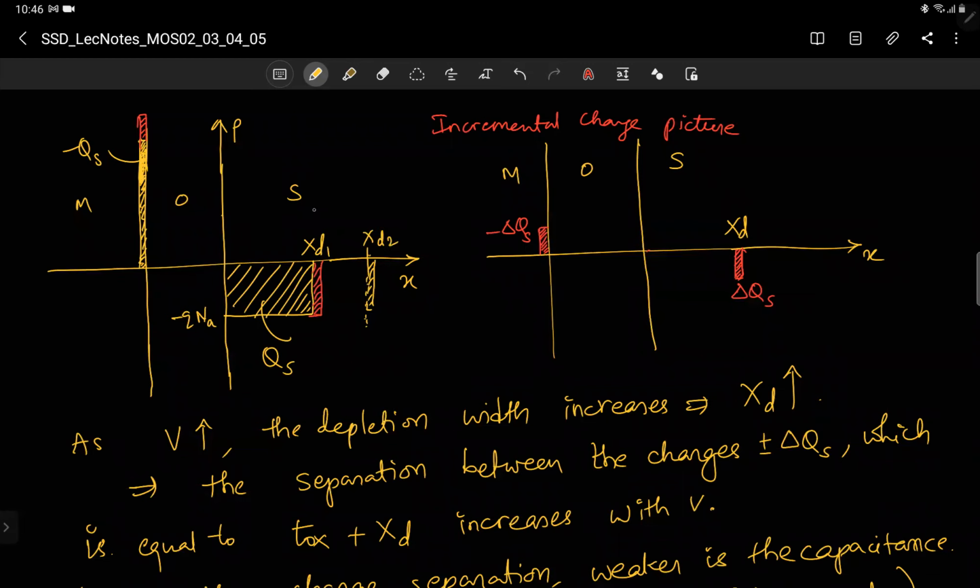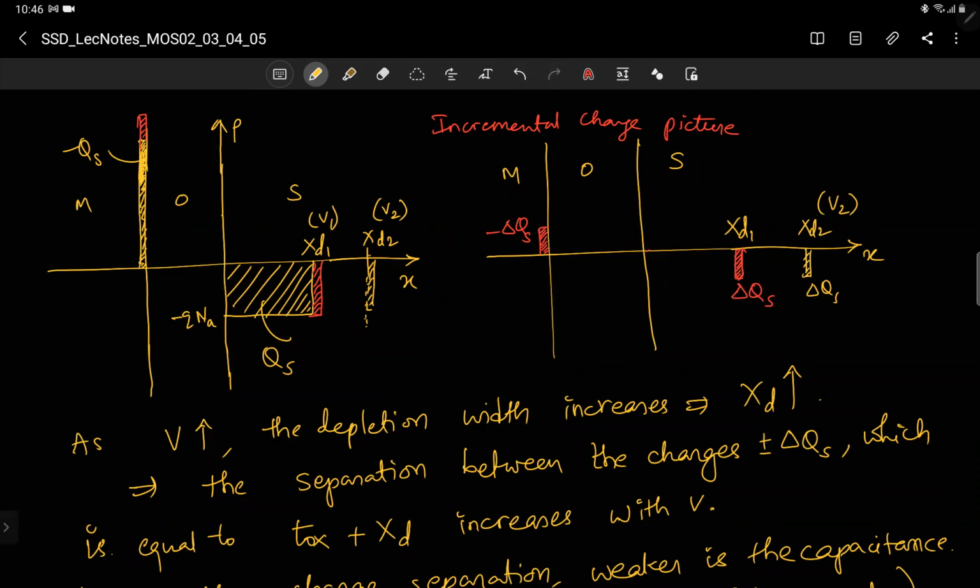This is for V1, this is for V2. So at V1, if I have delta V, it happens at XD1. At V2, if I happen to apply delta V, then the change delta qs happens at XD2. So this is what we have to see.